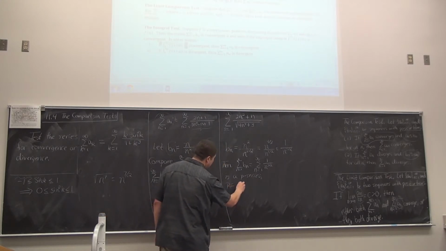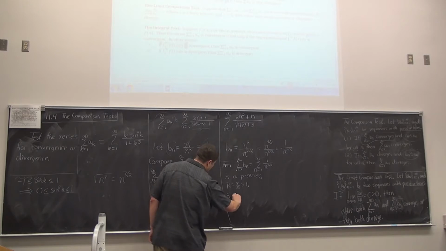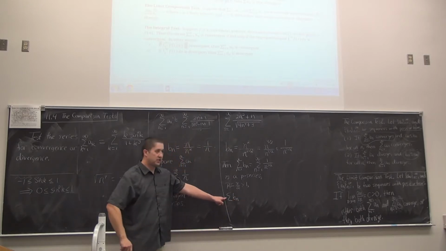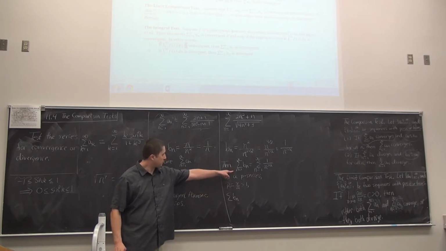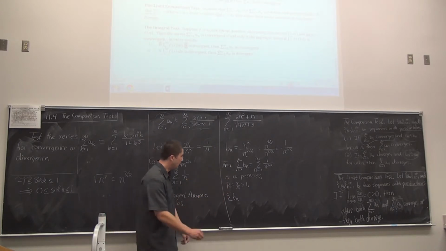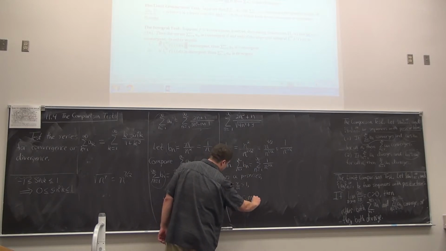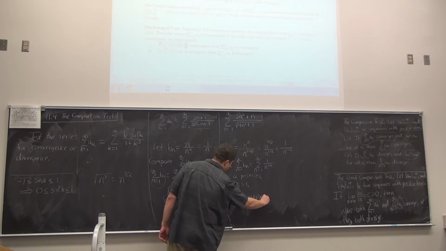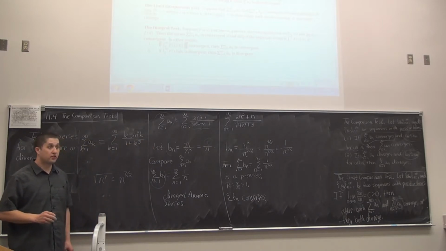The exponent p is 3 halves, which is greater than 1. So b sub n, if we want to refer to the series briefly, this would be a decent shortcut. That's pretty common. If you suppress where the index goes to, then it'll be summed from 1 to infinity, and this converges. So this time we have something convergent. Any questions so far?